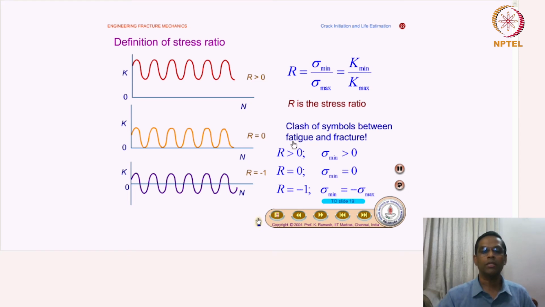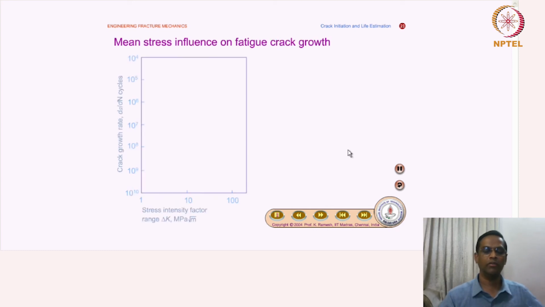There is a clash of symbols between fatigue and fracture. So that's what I just mentioned. R in fracture is a resistance. Here it is a stress ratio. This is for R greater than 0, R equal to 0, R equal to -1, under which fatigue testing can be done with different stress ratio values.